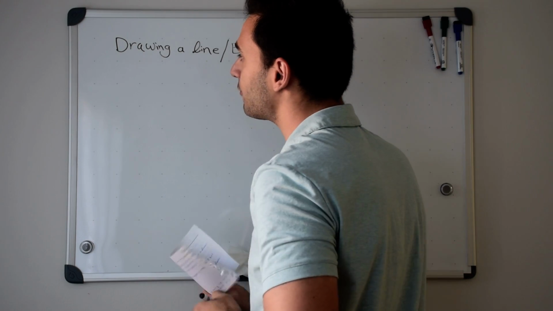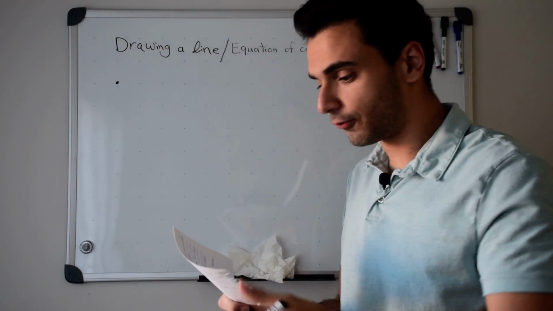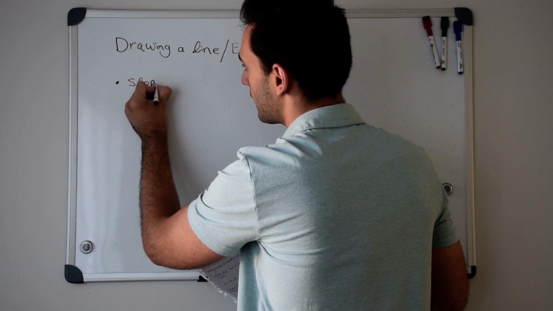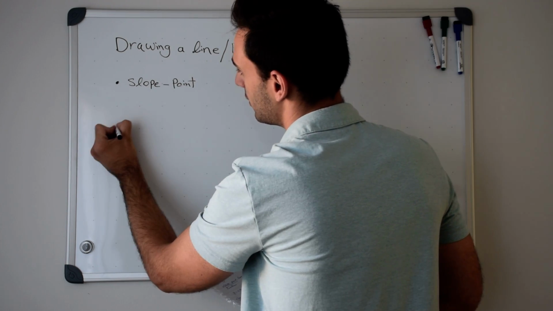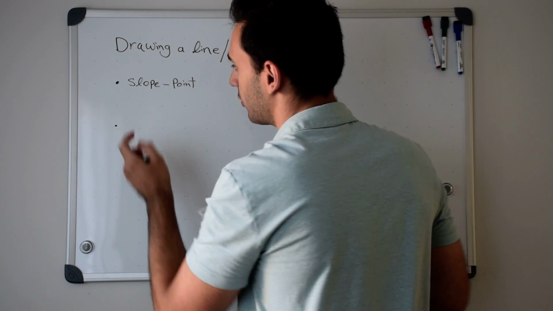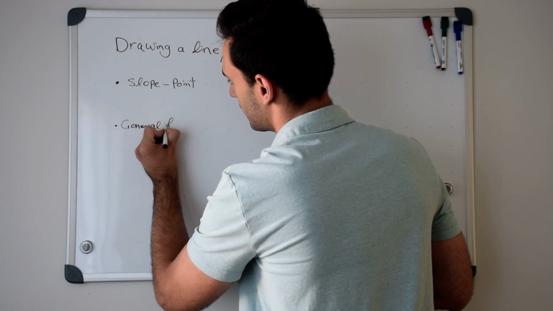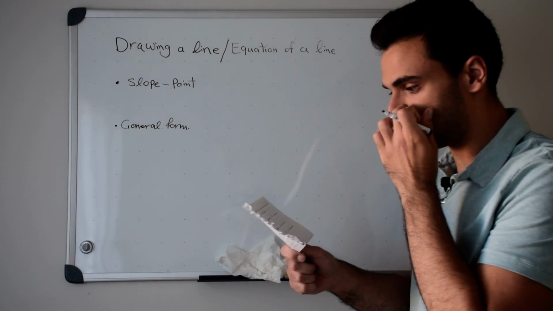There are two different forms that we can write the equation for a line. The first one is slope point, and the second one is called general form. Okay, so what is the slope point form of the equation?